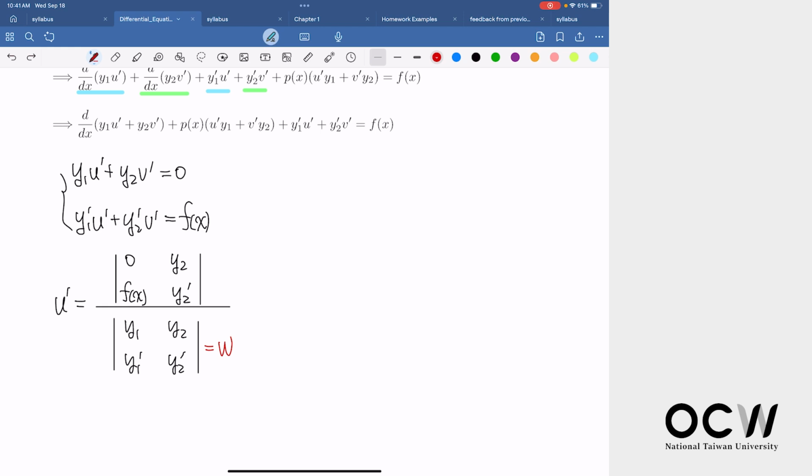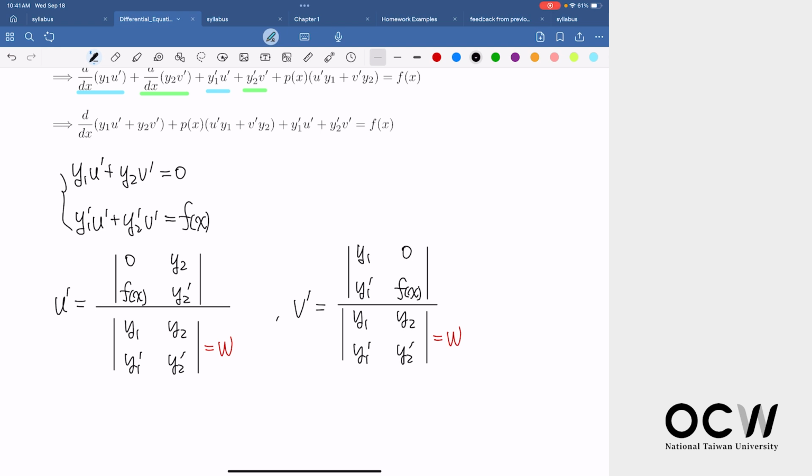This is the W. And the v prime, again, I think I can probably just copy and paste. Same. And the numerator, since it's v prime, I keep the first column, y1 and y1 prime, and the second one will be 0 and f of x.